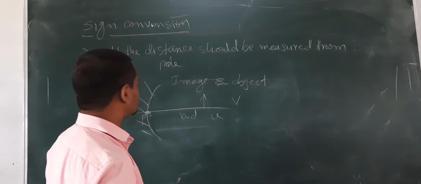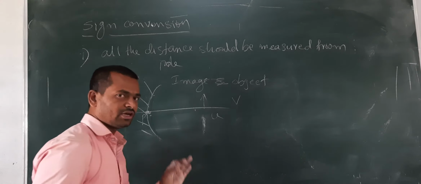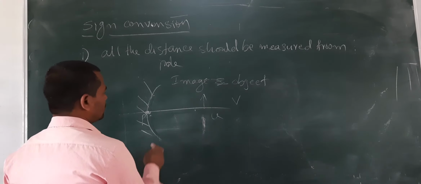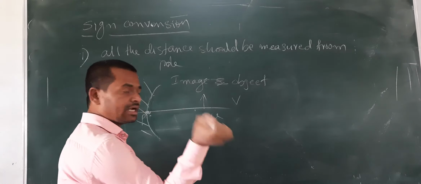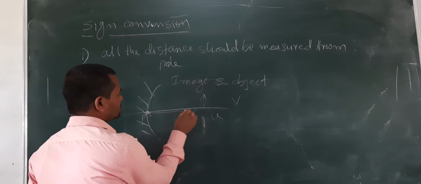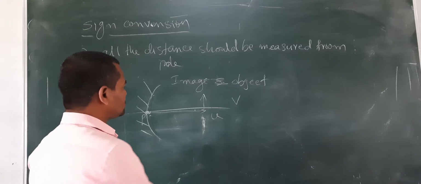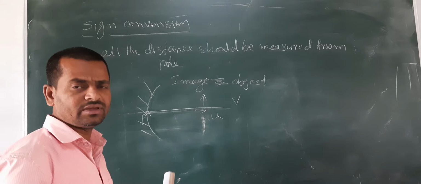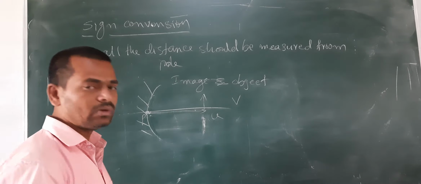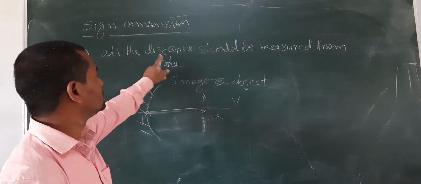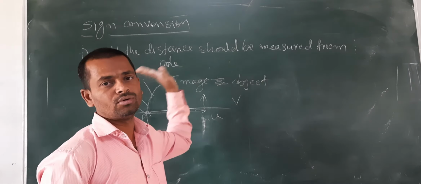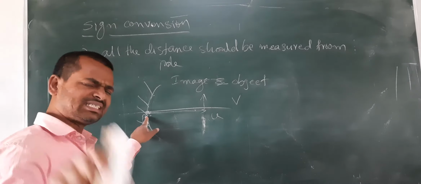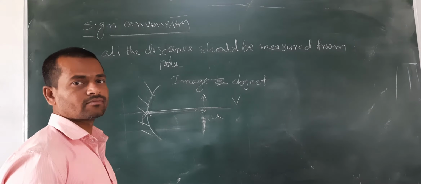If you have to measure the distance u, you start measuring from the pole and go in this direction. We could measure from the other side too and the same value would come, but the rule is that all distances should be measured from the pole only. That is the first rule.